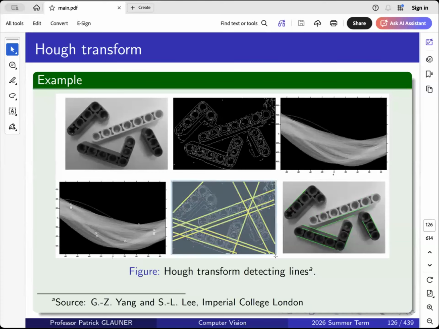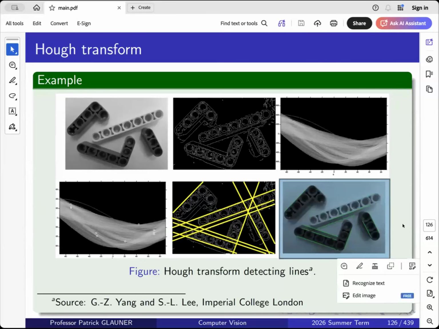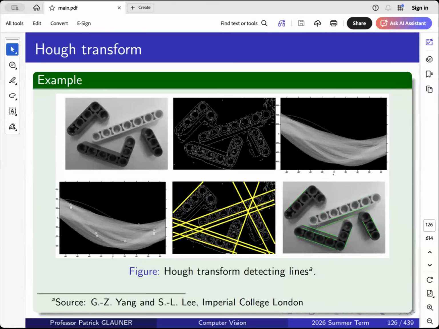So we would see potential straight lines, and eventually this could be an outcome of the Hough transform. It has found multiple straight lines, but because of noise, maybe not all of them are perfectly completed. We also have quite some shade in the image, by the way, and maybe we would have to fine-tune the Hough transform a little bit.